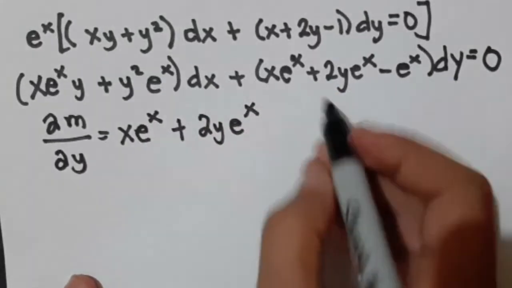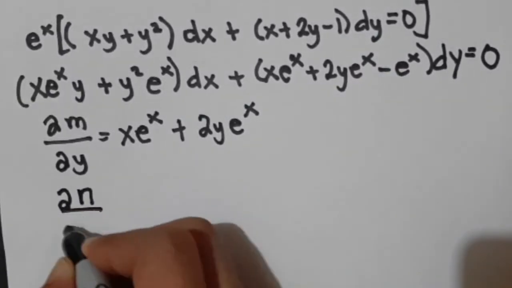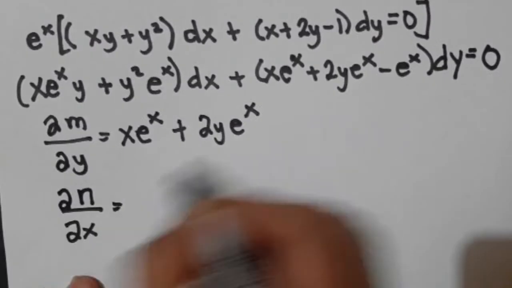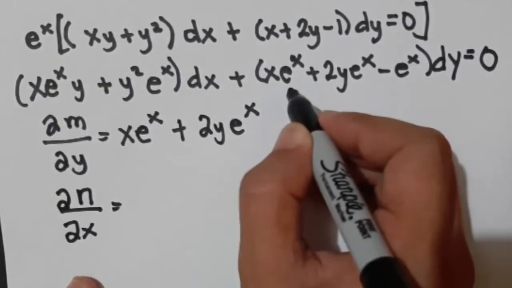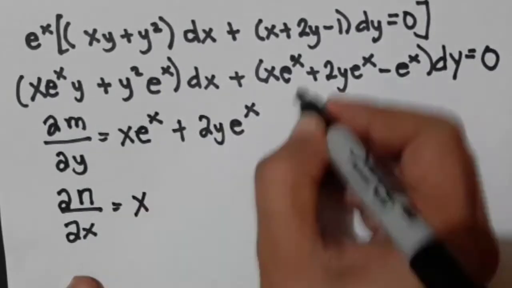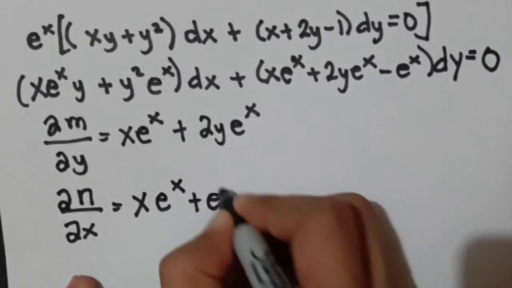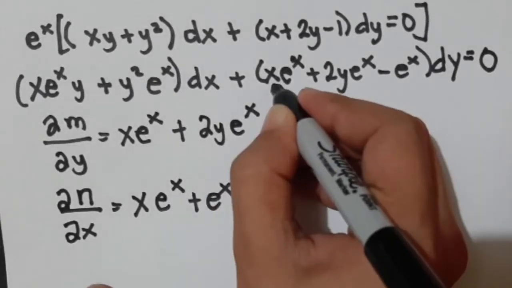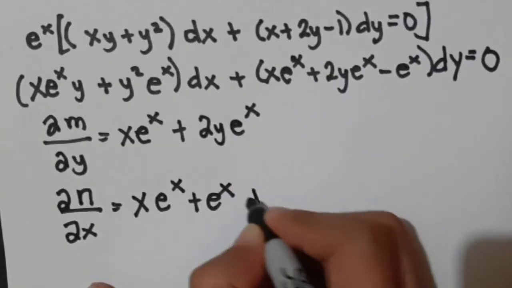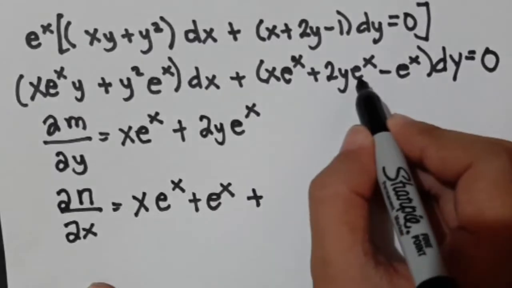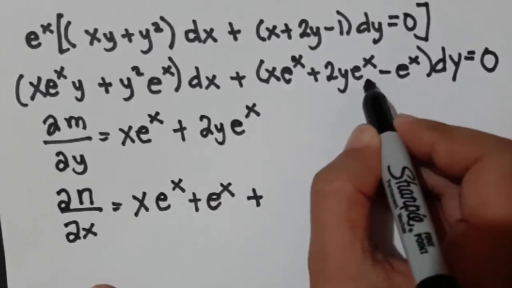For the second one, N with respect to x. So x e^x is a product, derivative of a product. So x times the derivative of e^x is e^x, plus e^x times the derivative of x, which is 1. Next, second term, plus 2y e^x. The derivative of e^x is e^x.